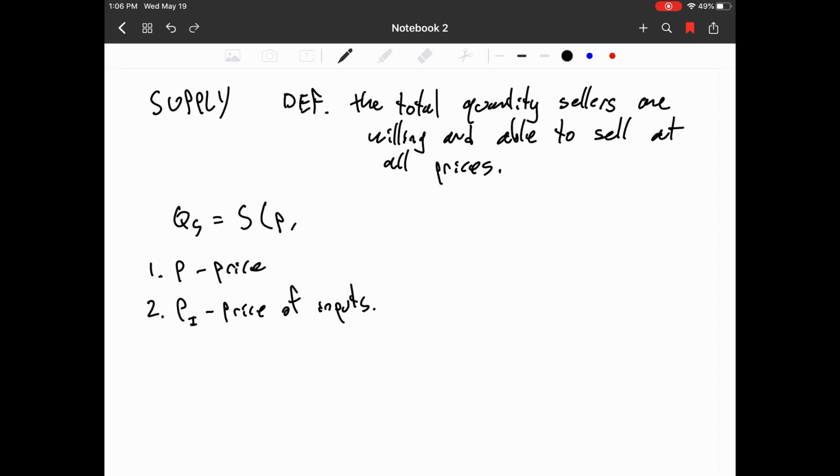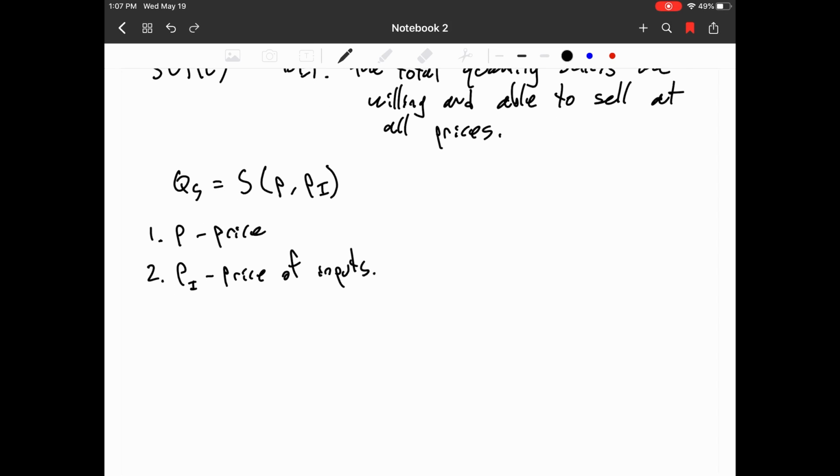Okay, so P and PI. So similar to demand, let's just walk through a simple linear supply function for cheese.